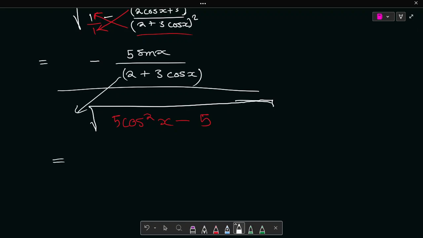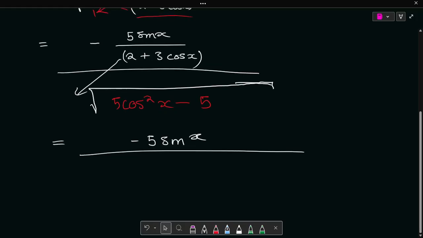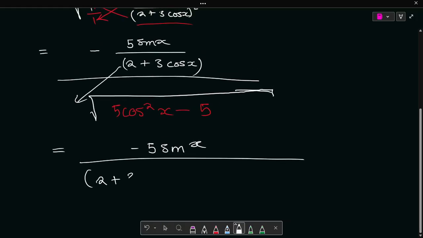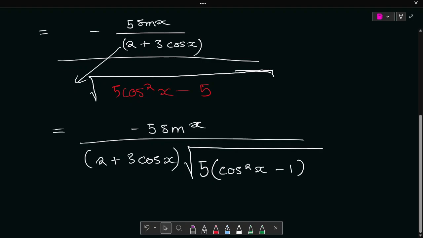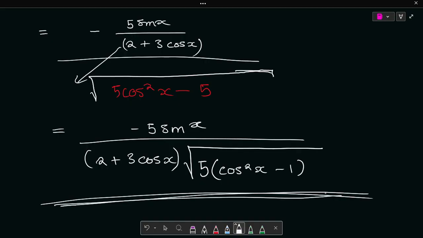We're going to drop this one below. So we'll just remain with negative 5 sine x over 2 plus 3 cos x, and we can factor out the 5. What will remain within the brackets will be cos squared x minus 1. And that is going to be our final answer. So for you guys who were not simplifying, this is the point which you needed to reach.